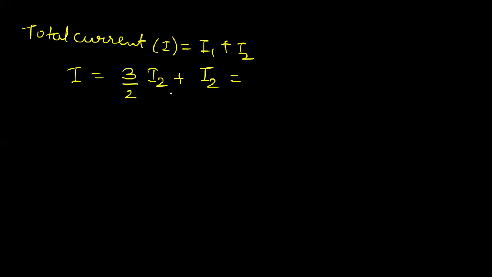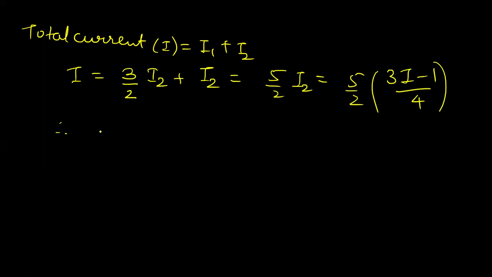When you solve this, you get 5 by 2 I2, and now put the value of I2. 5 by 2 times the I2 value over here, (3I minus 1) by 4. So just solve the LHS and RHS part. I will be equal to 5 by 2 times (3I minus 1) by 4.